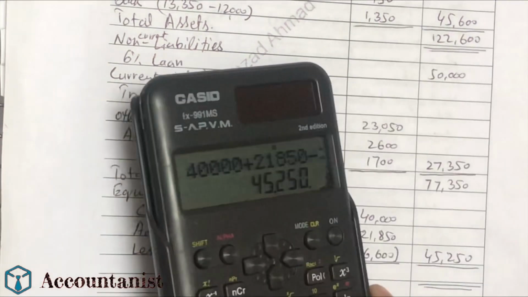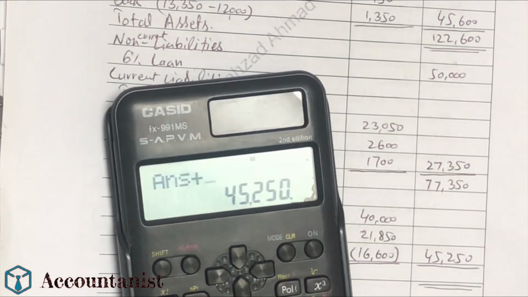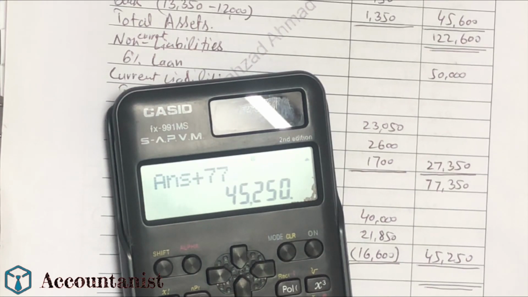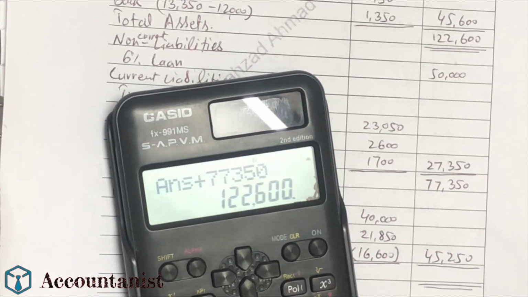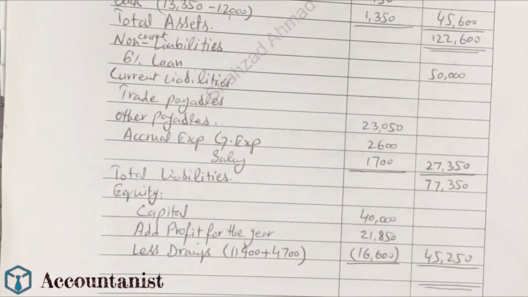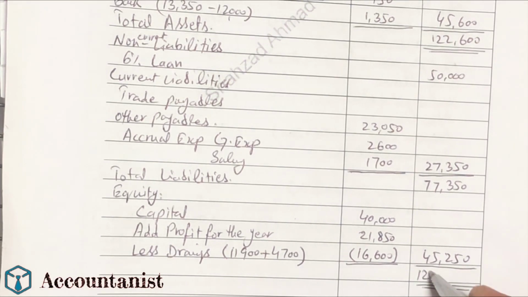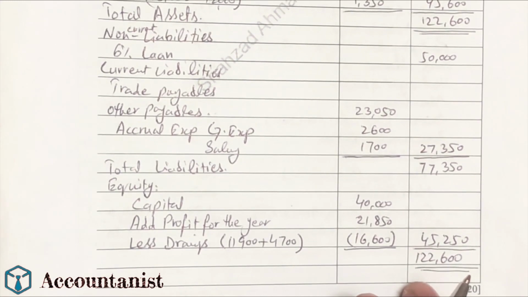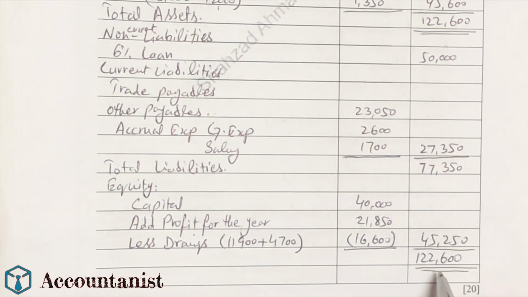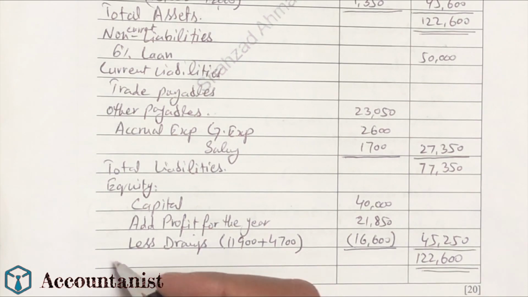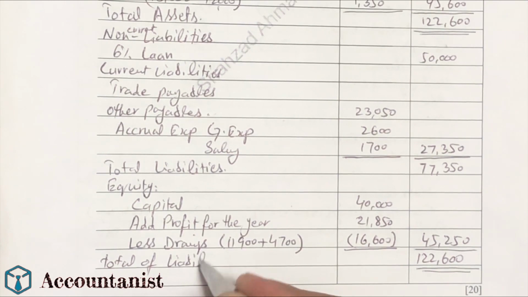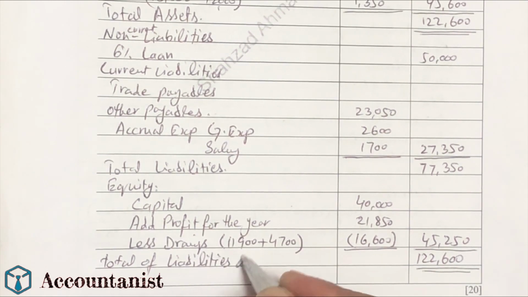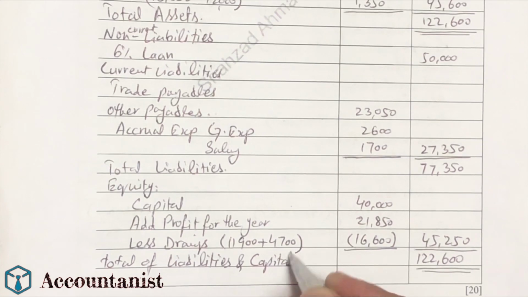So let's have a look. So 45,250 plus 77,350, this gives me the same number, 122,600, which means our question is absolutely correct that we have done here. So that will represent the total of liabilities and capital.